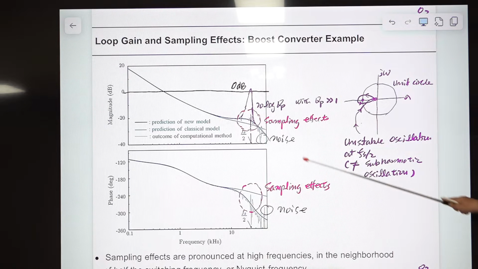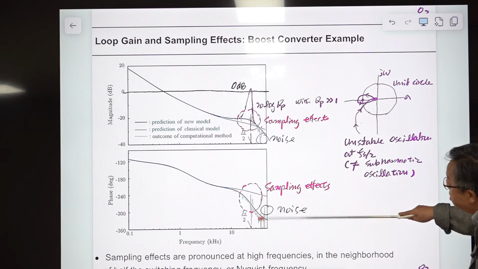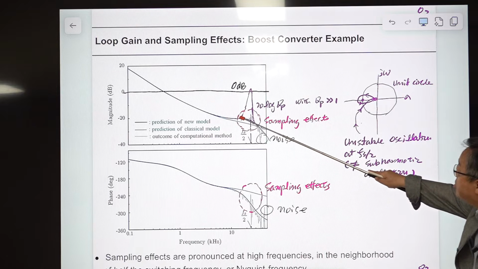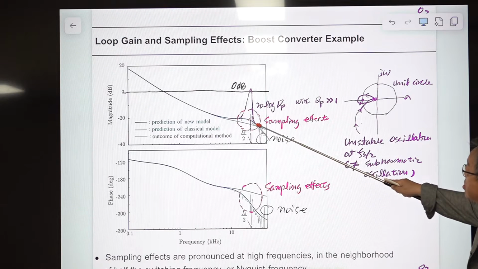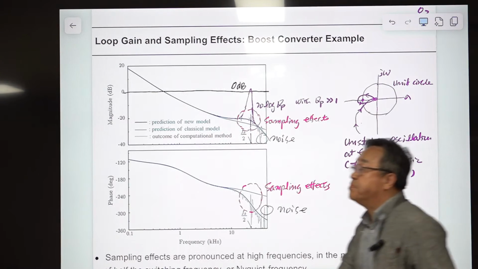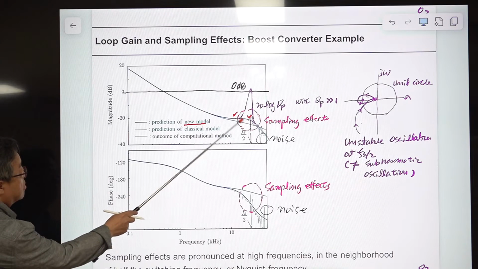So we have some noise because of this high frequency, and we have noise here. But if you take a look at the average value or envelope of this, and the prediction of this new model proposed by Ridley, if you compare this and this and this, the experimental measurement or computational method, this and this are very, very similar.